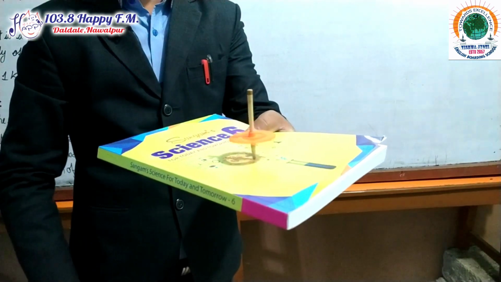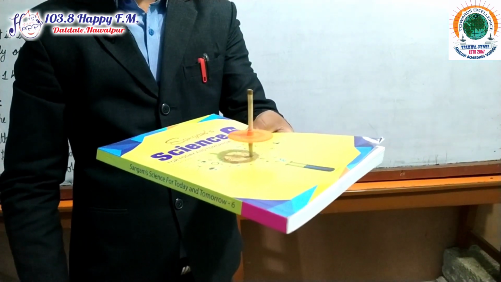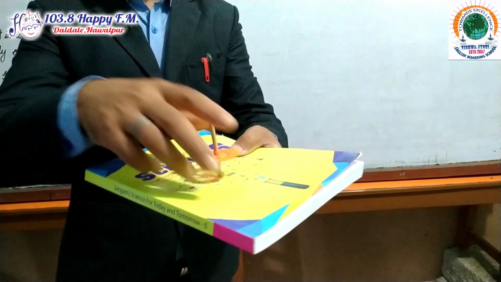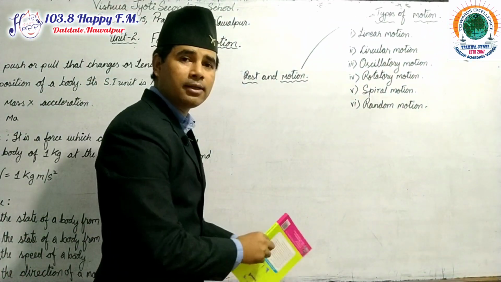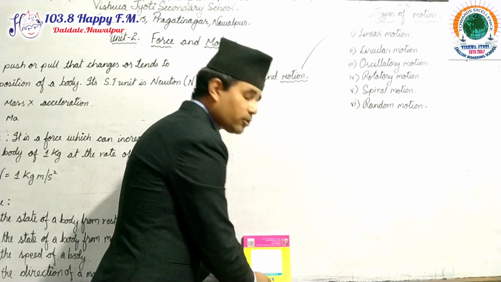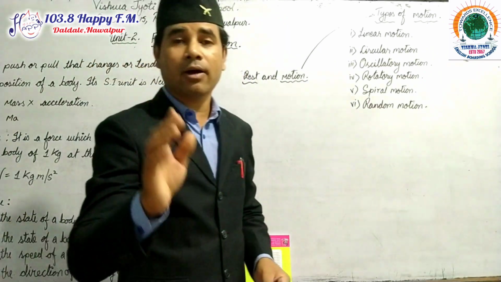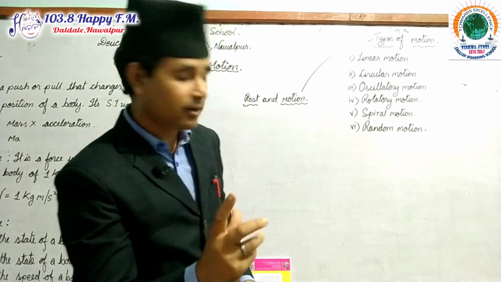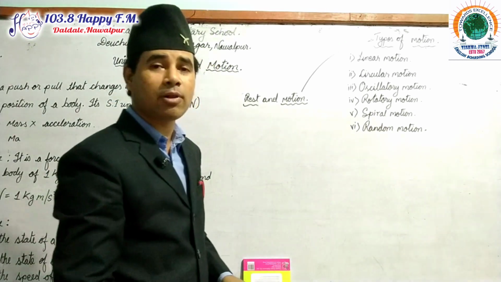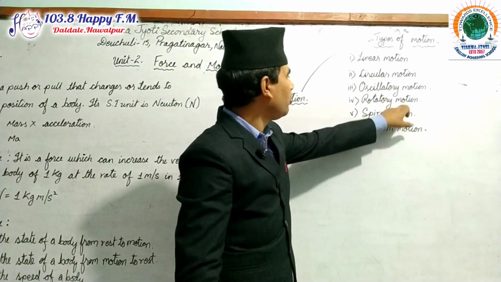Same like this, our earth also rotates around its own axis, and that is why it causes day and night. You can also give that as an example of rotatory motion.